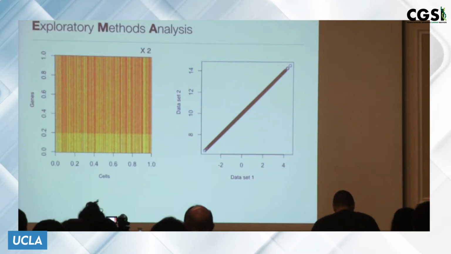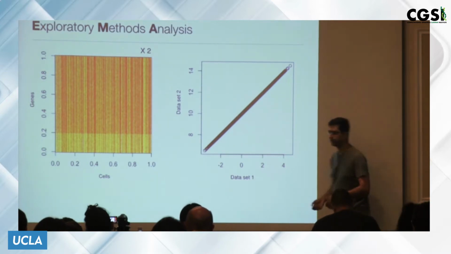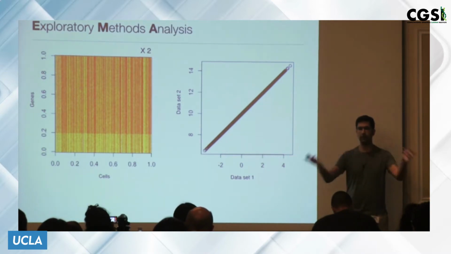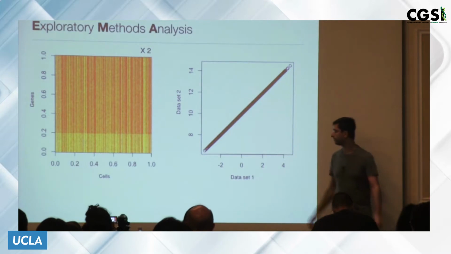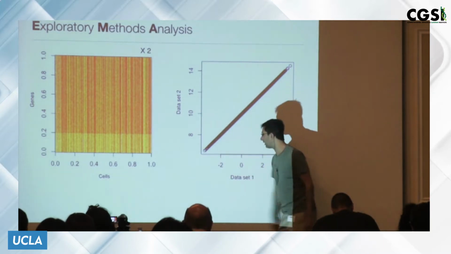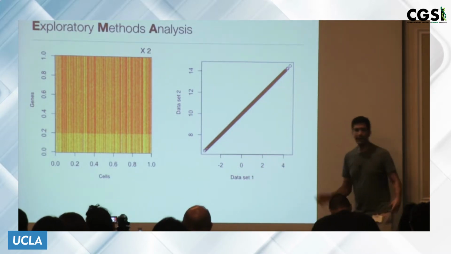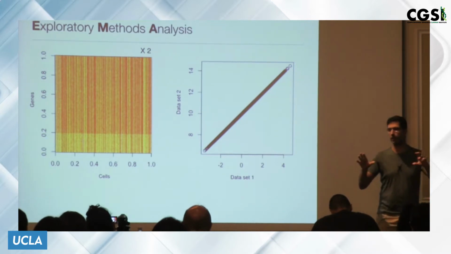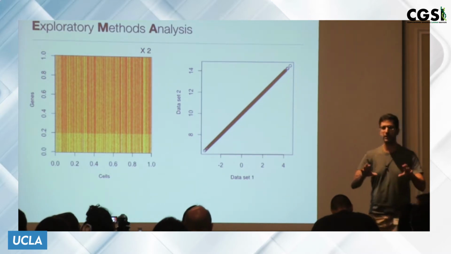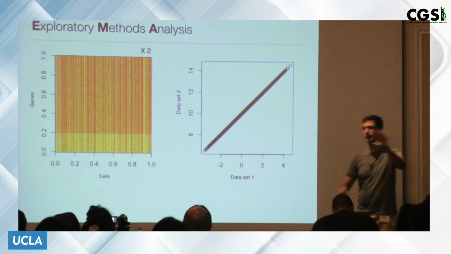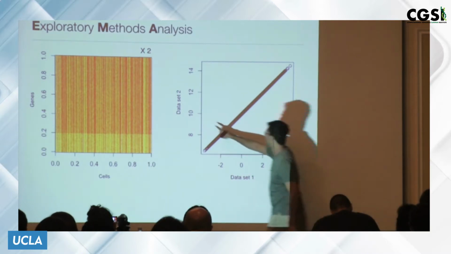So here's a very simple example I did. I took a random matrix that I made, like it's a 100 by 100 matrix. I'll show you in a second where I got it. And I wanted to show you that CCA works. So I first put the easiest possible case. I took my first matrix and I just added 10 to each number.